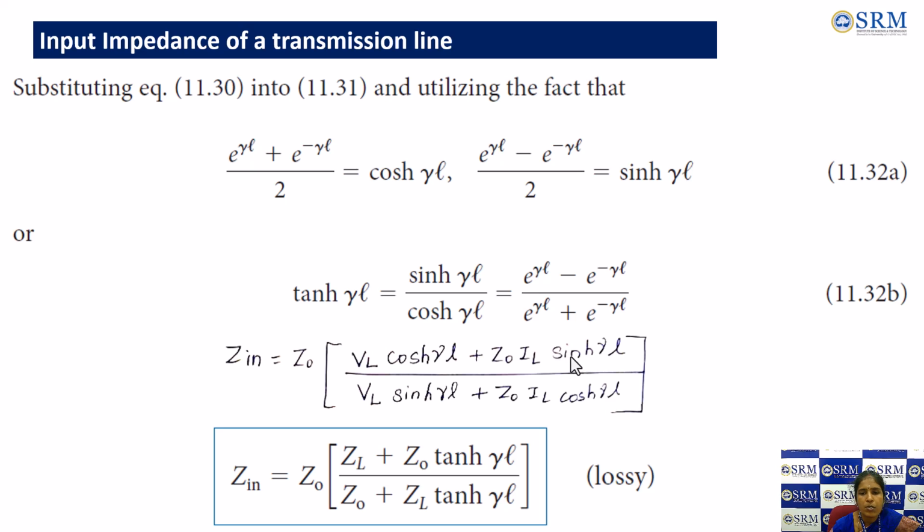Already we took cos out, so here cos is not there. So divided by cos, sin by cos is tan. The same we do in the denominator. IL cosh gamma L is taken out. So Z0 will be the first term plus VL by IL is ZL. Sin by cos is tanh gamma L. So this is the input impedance of a transmission line for a lossy transmission line.